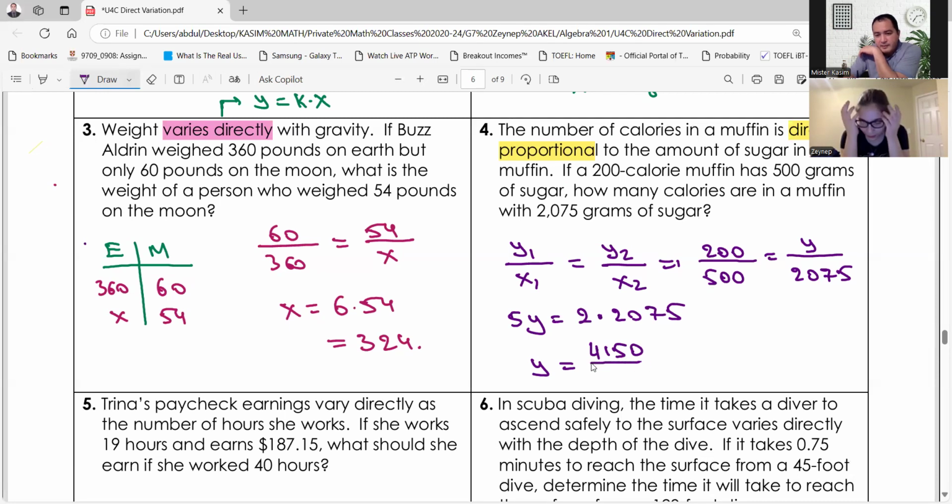Divided by 5. If you divide by 5, 830, right? So that means that if there are 2,075 grams of sugar, then it has 830 calories.